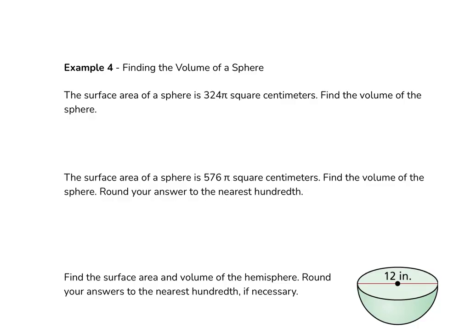Okay, here they give us the surface area, and we want to go from the surface area to find the volume. Okay, in order to find the volume, what one dimension do I need if I have a sphere? What dimension is in both formulas for surface area and volume?